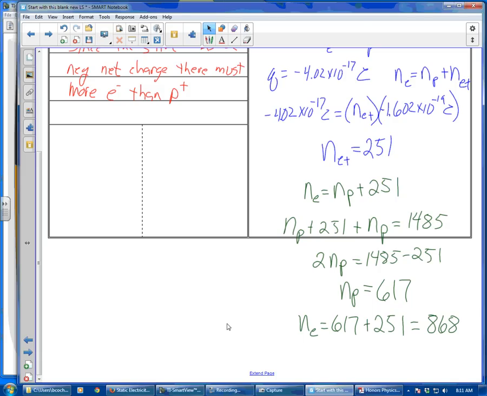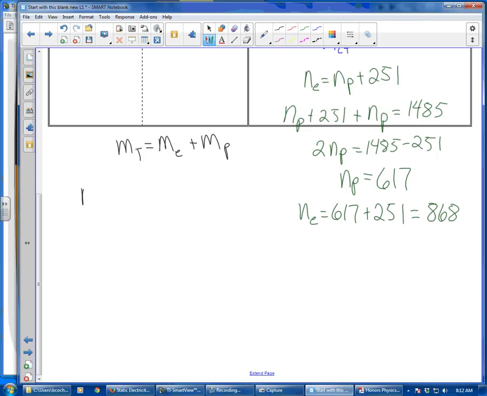All right, so we're at least halfway done. We now need to figure out how much mass is added to our shirt. Each proton brings a certain amount of mass with it. Each electron brings a certain amount of mass. So working over here, our total mass will equal the mass the electrons bring plus the mass the protons bring.